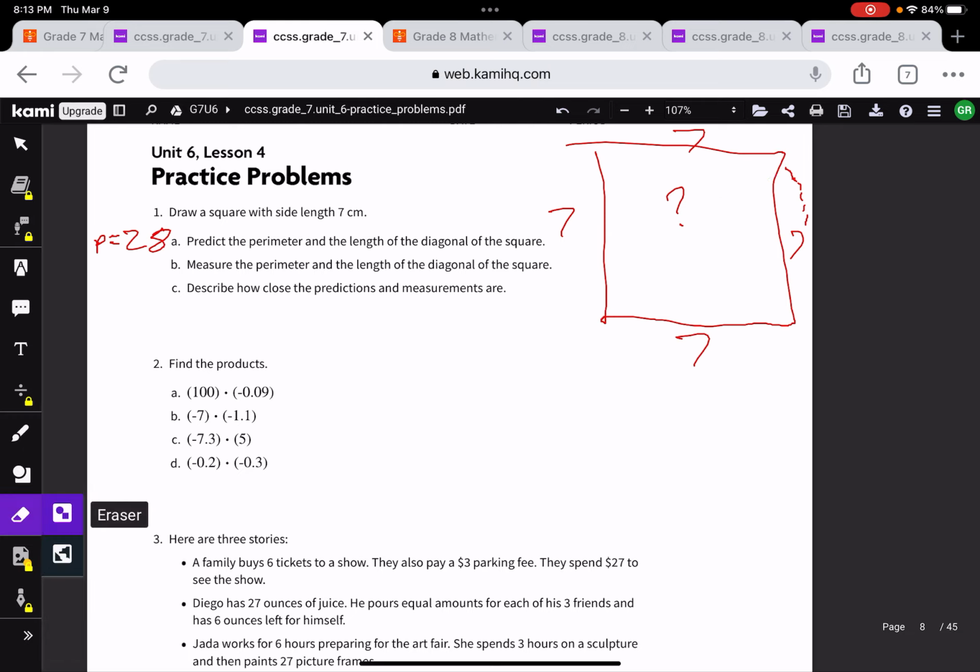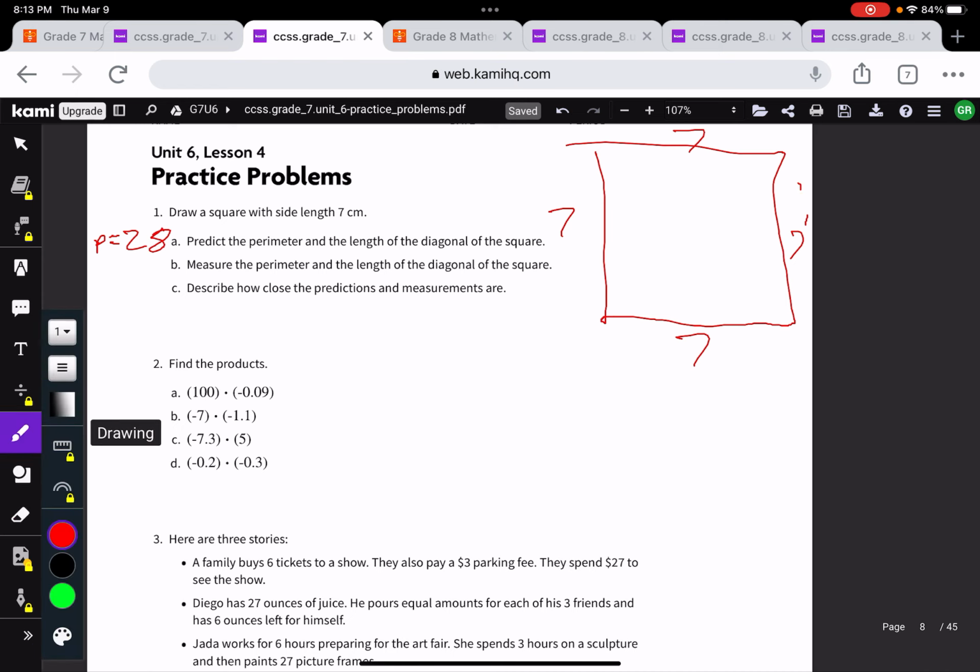If I drag this diagonal down, you can see it's going to be more than 7, right?